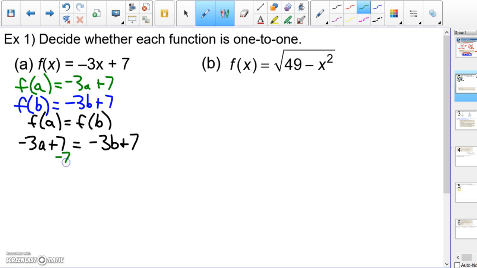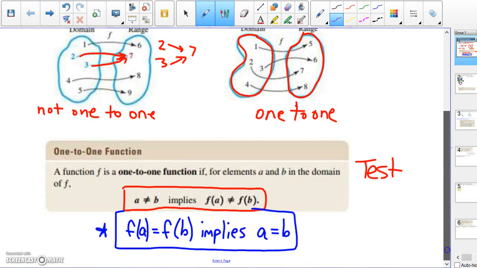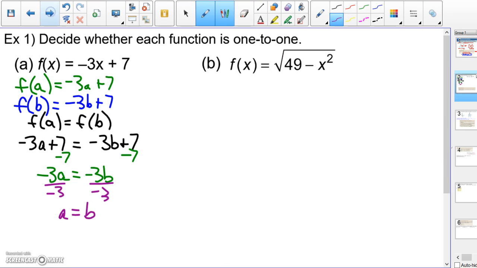Well, we're going to try to isolate a variable. So let's subtract 7, and let's divide by negative 3. It says A equals B. Okay, so remember what that theorem said a second ago. F of A equal f of B implies A equals B. Well, that's exactly what we just came up with.